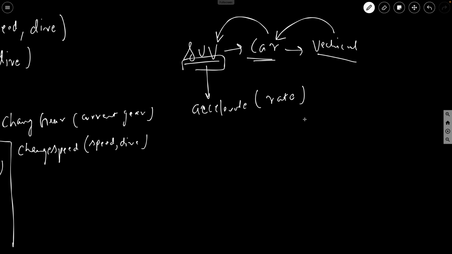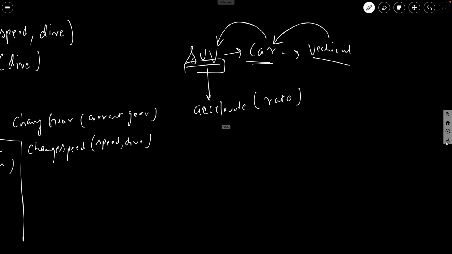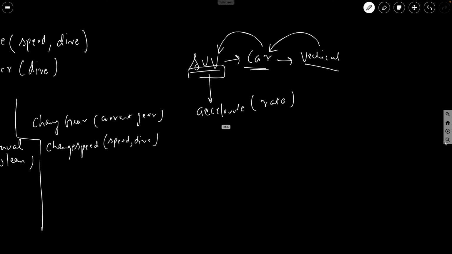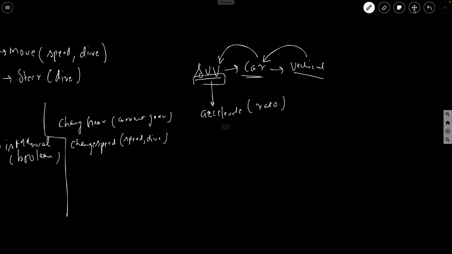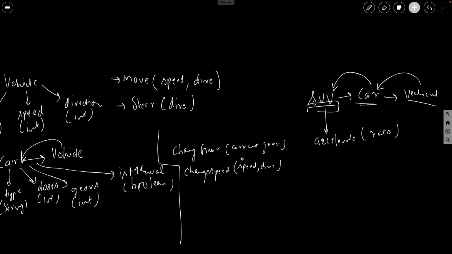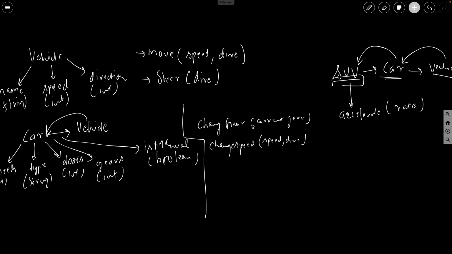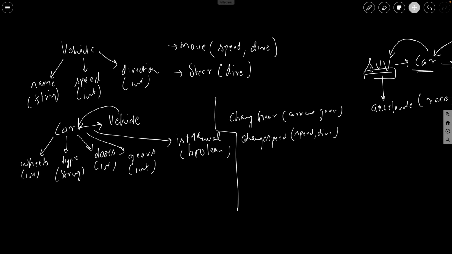So this is basically an overview of our project, what we are going to create in this video. We'll have a class called vehicle, car, and SUV, and it all actually makes much more sense when we start coding our project. So let's see how we are going to do it.